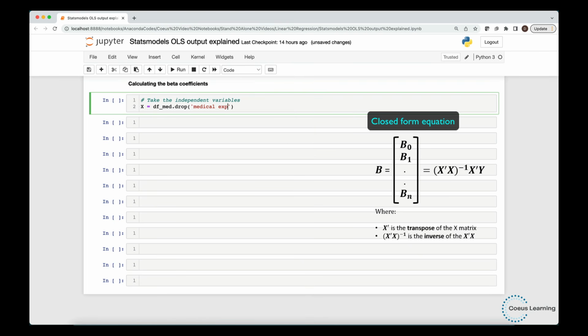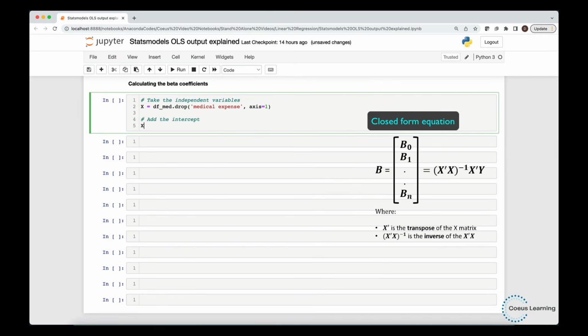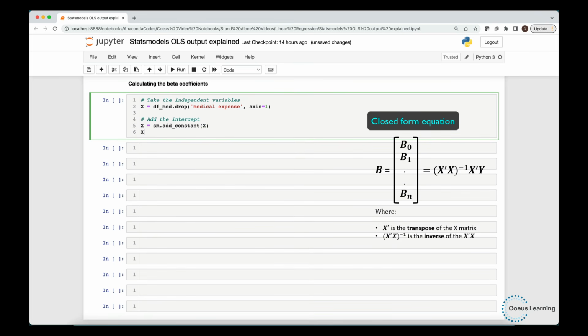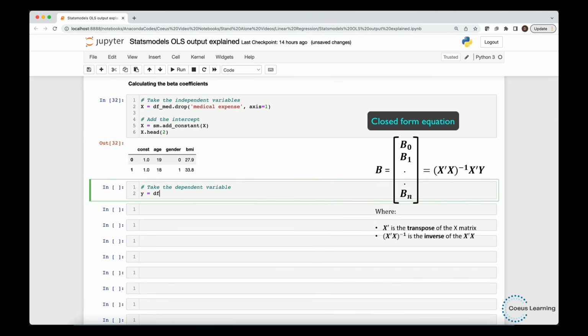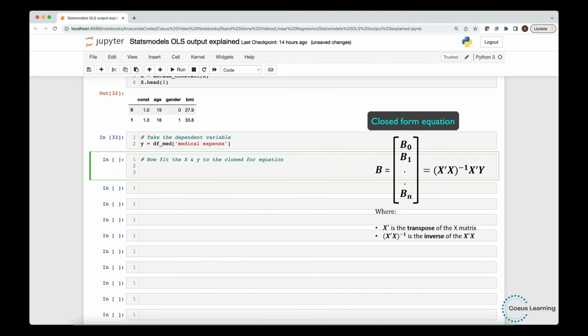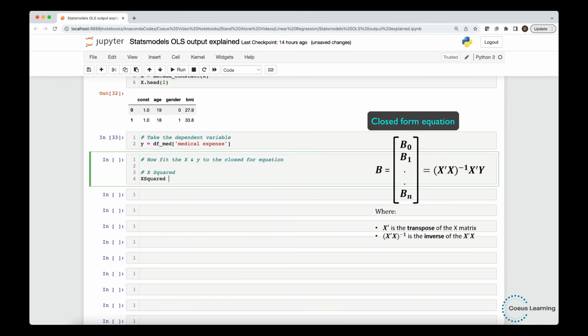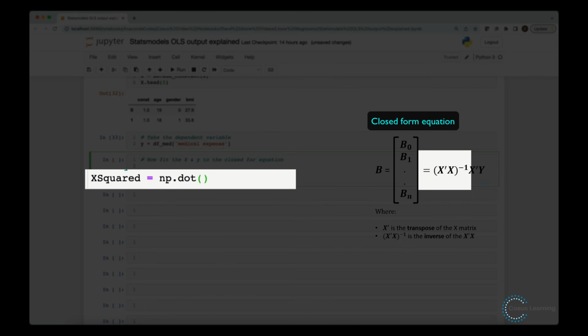We filter out the independent variables into x and add the constant. We also filter out the dependent variable into y. Now, fit the x and y into the closed form equation. X squared is x transpose times x.